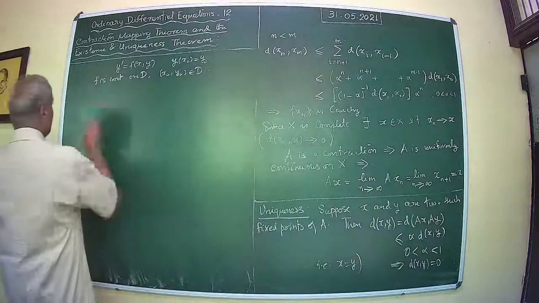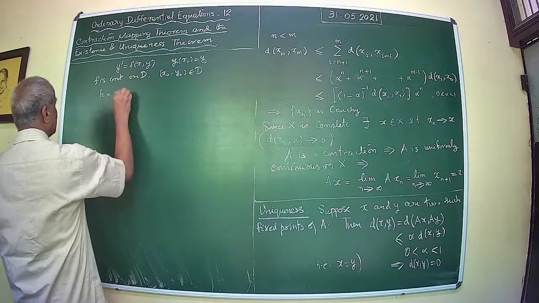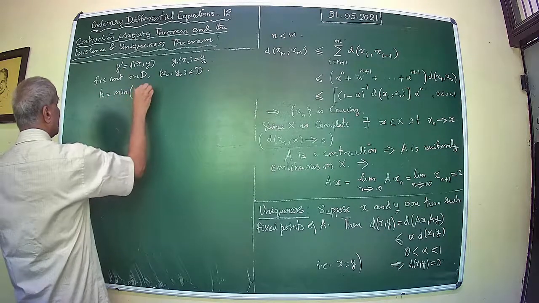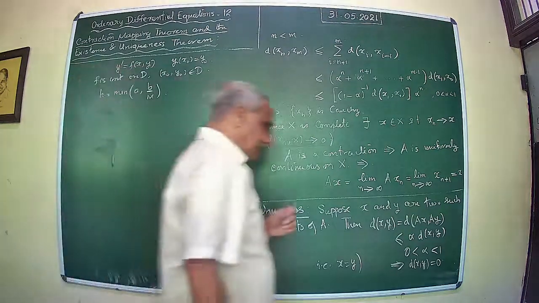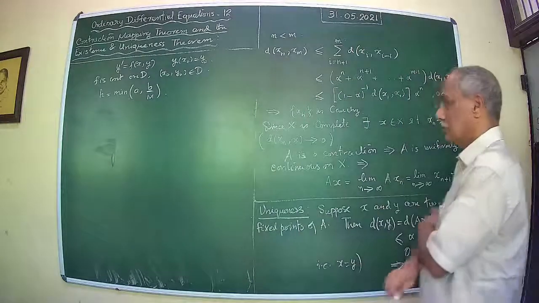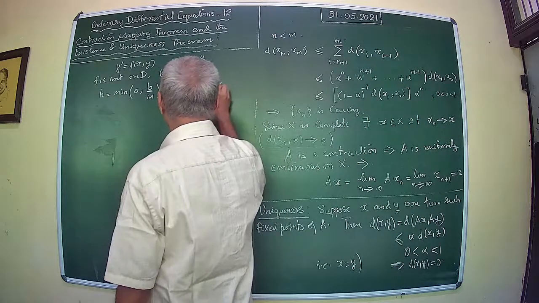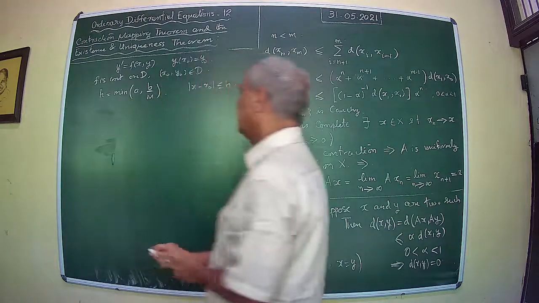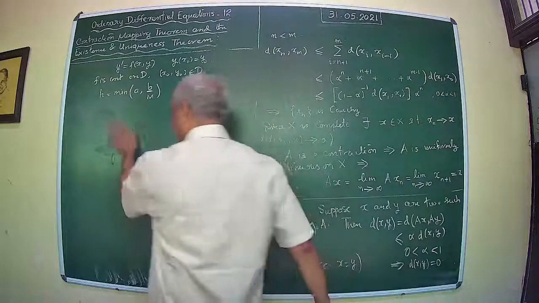Then you get an H which is the minimum of what we started with, so that on the interval mod x minus x naught less than or equal to H, you have a unique solution.